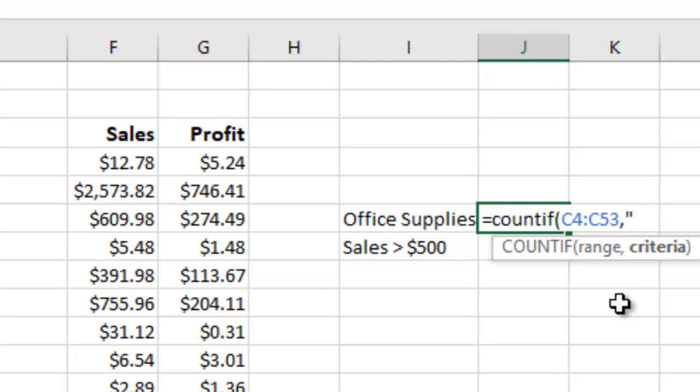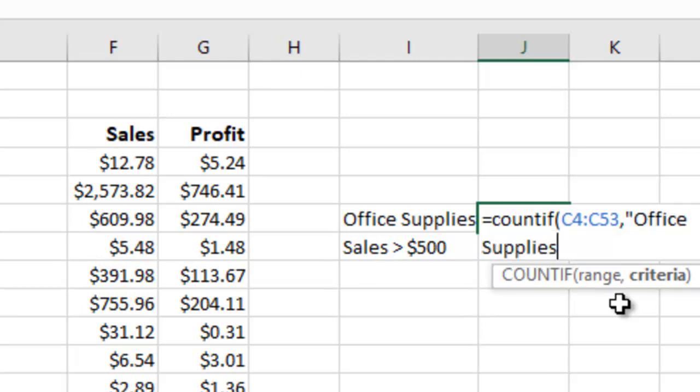Now I can type it in. I notice I've opened my quotes, and I need to ensure that my spelling is exactly the same as that within the list. Now in the past, the capitals were important.